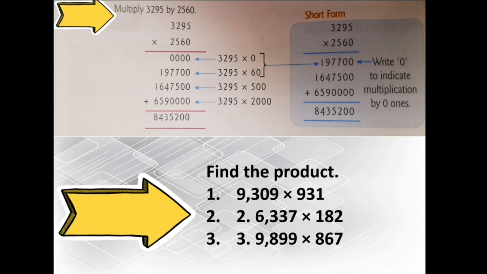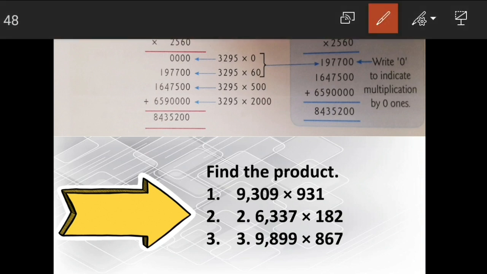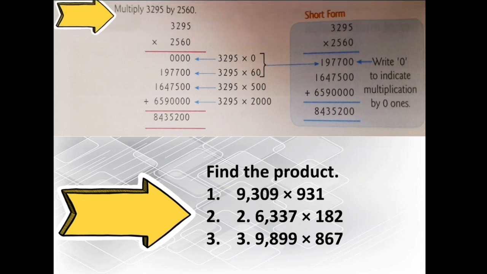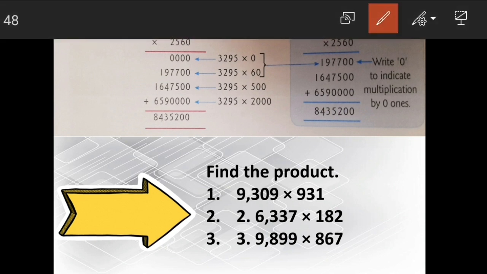You have to start from 0 in the ones place and then so on, you have to move towards the left. First we will multiply 0 with 3295. When you multiply 0 with 3295 you get 0, because just now we read the property that when we multiply any number with 0 we get 0. So 3295 into 0 we will get 0.